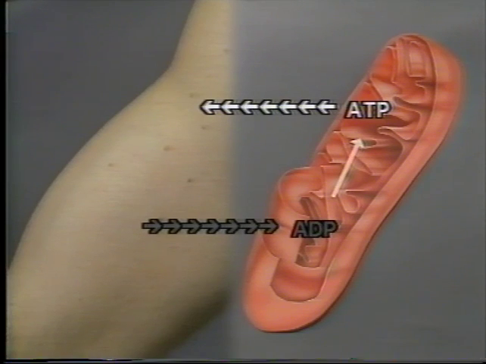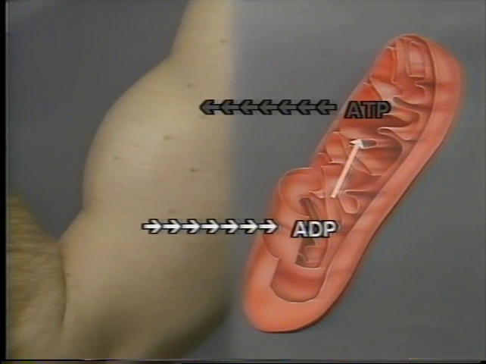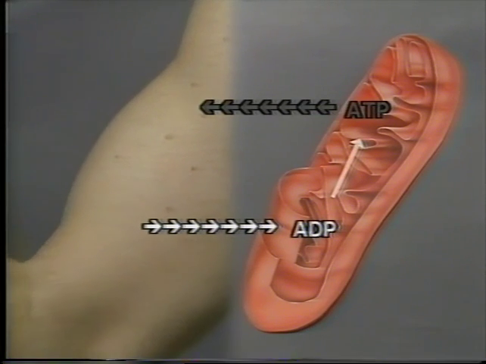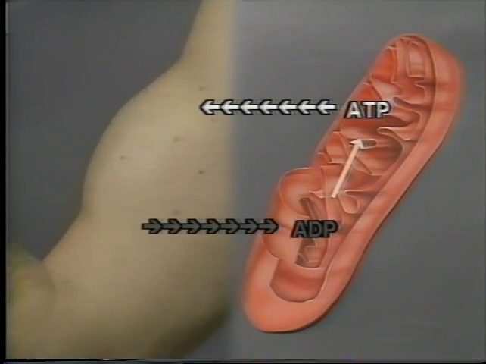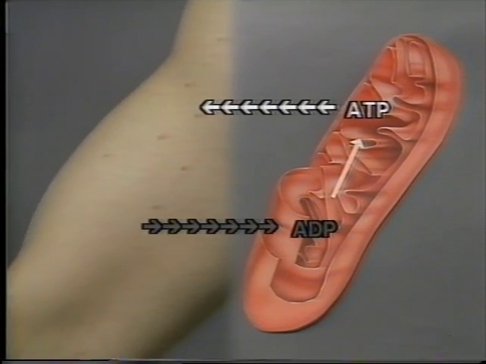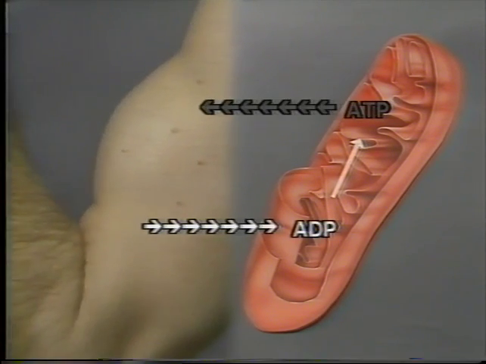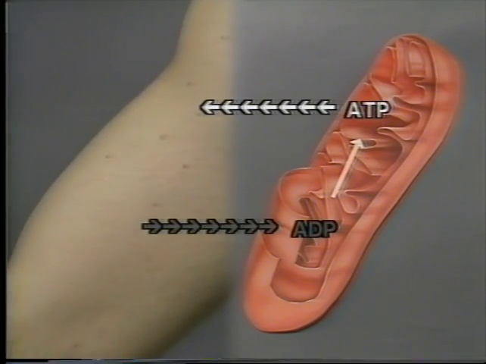So, as the muscle contracts, the ATP concentration falls and the ADP concentration rises. The muscle will only continue to contract if the ATP supply is replenished, and it's the rise in the concentration of ADP which signals to the mitochondria that more ATP is needed.